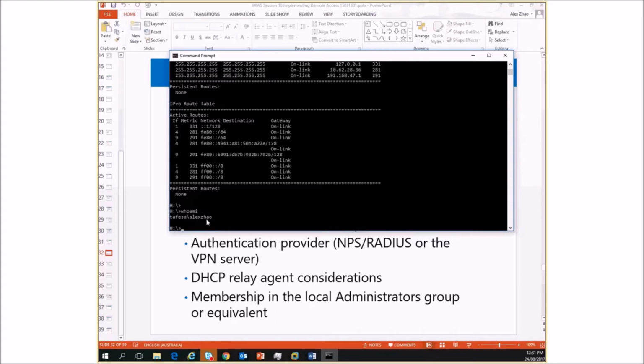So if you're logged in as a domain administrator of like our W2K16AD, it would say W2K16AD administrator. If it doesn't say that, if it says something else like ADLFS administrator, it means it's a local file server administrator.